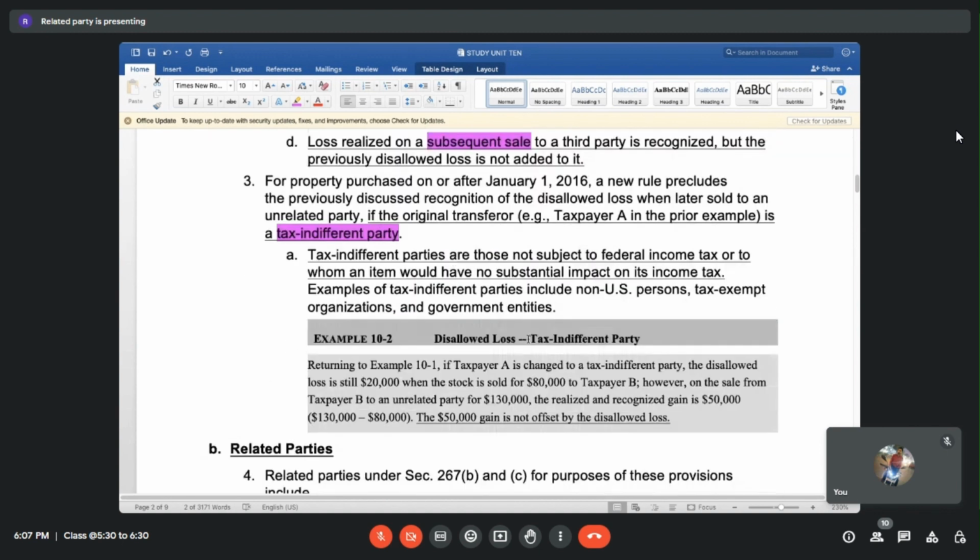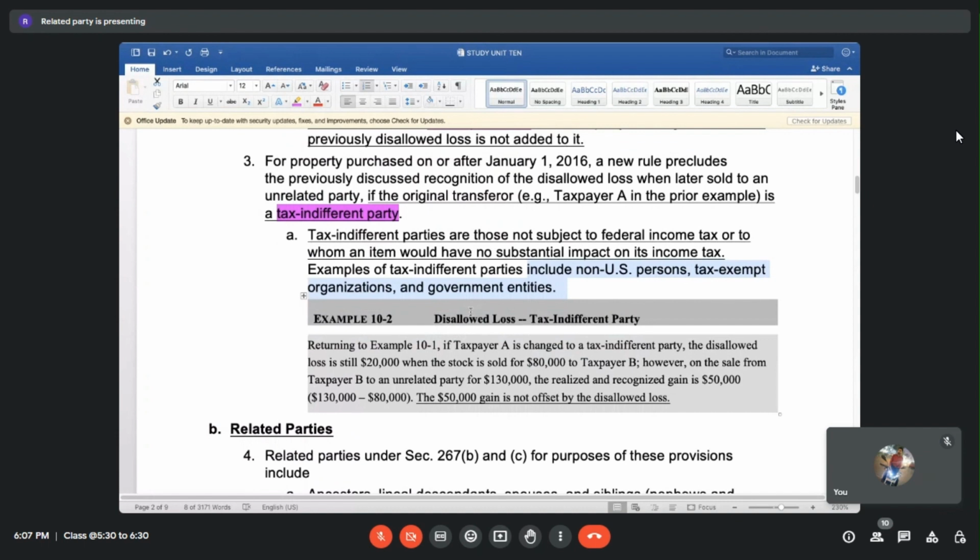But when taxpayer A is a tax indifferent party, it doesn't matter to taxpayer A whether you allow or not allow, because they don't have to pay any taxes. Then in that case, IRS is saying, well, why should we give the advantage? You just make sure the entire $50,000 is put up for taxes.